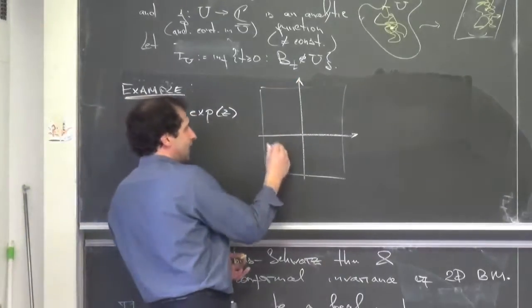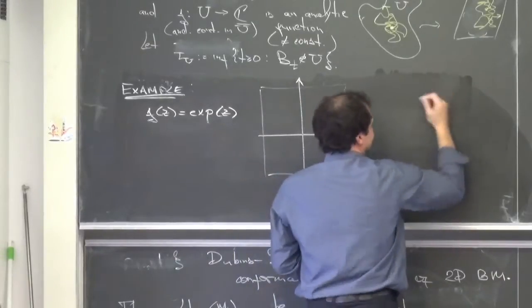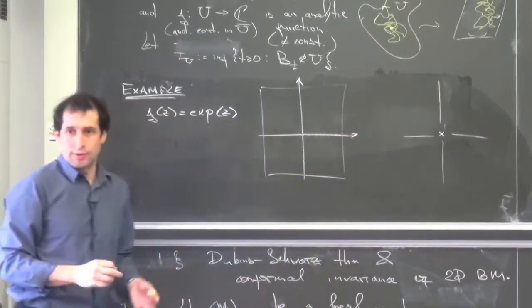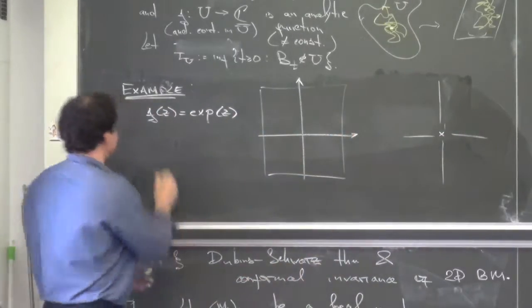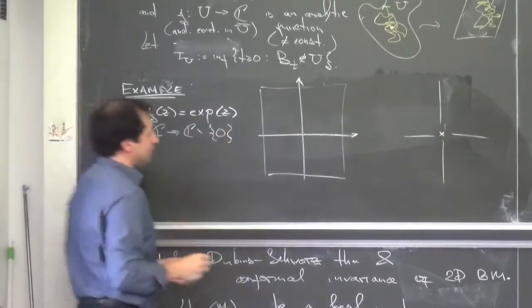Here we have the full plane, and here we have the plane without the origin, right? So this is C minus the origin.